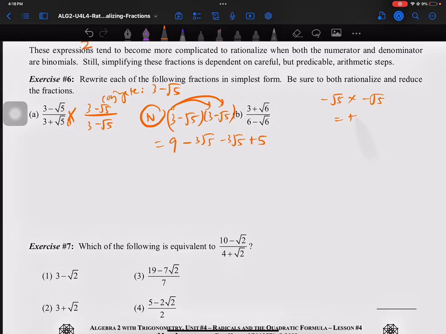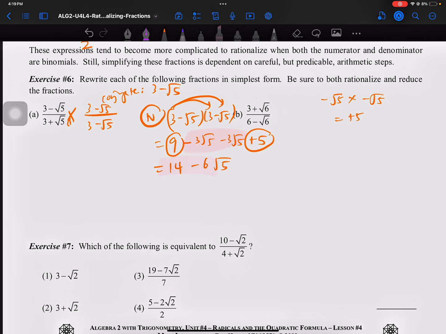Then you can add 9 plus 5, 14, and minus 3√5 minus 3√5 becomes minus 6√5. So this is our numerator final answer.